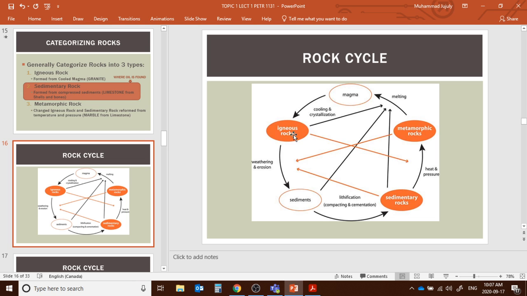And this igneous rock would melt again and produce magma, or this igneous rock could also undergo heat and pressure and create metamorphic rock too.